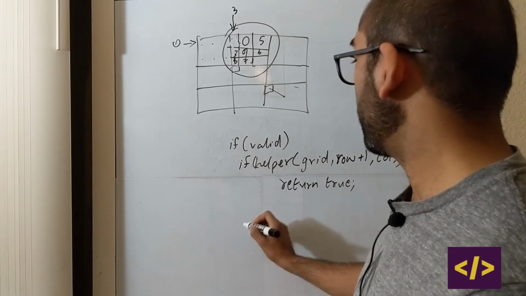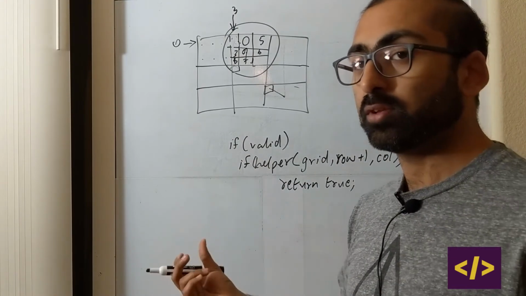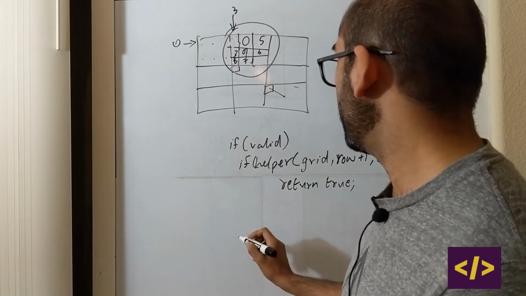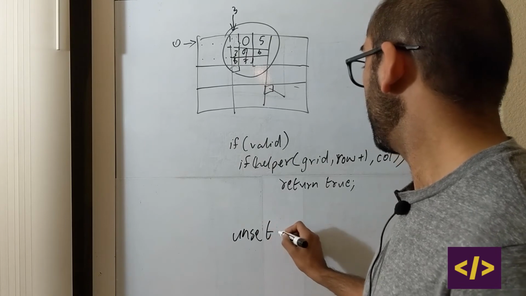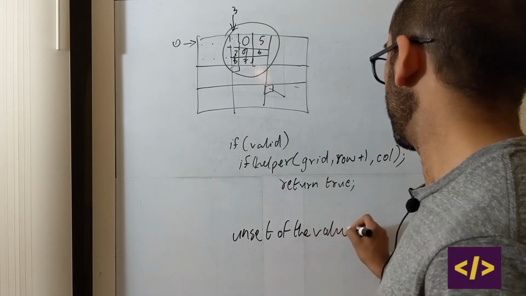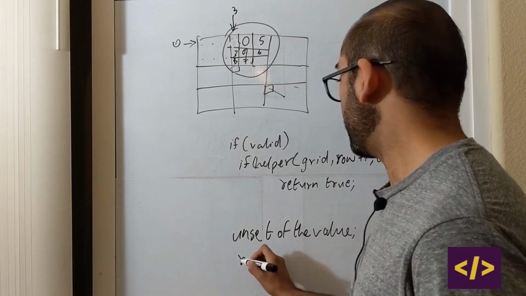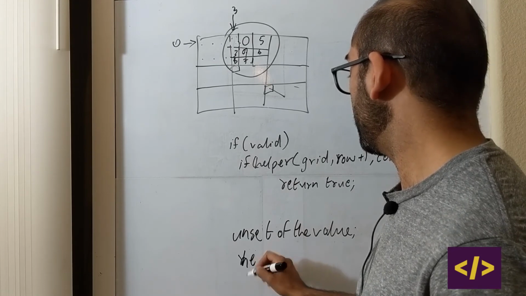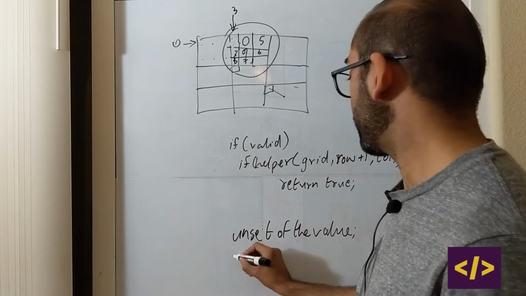Now, if it's not a valid solution, what are we going to do? Remember that value that we set into the grid, we are going to unset it. So we would do an unset of the value, and then we would keep going through, and then we would return false.